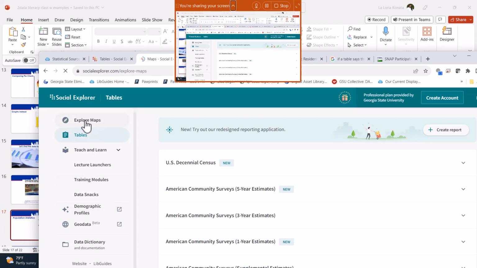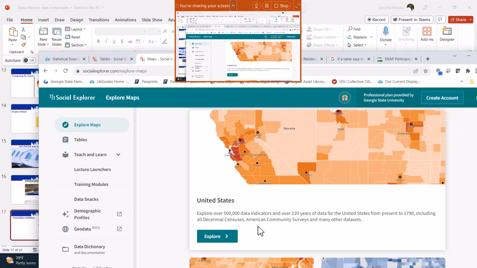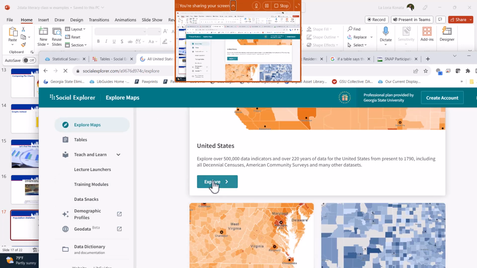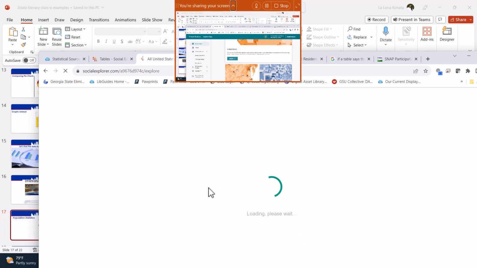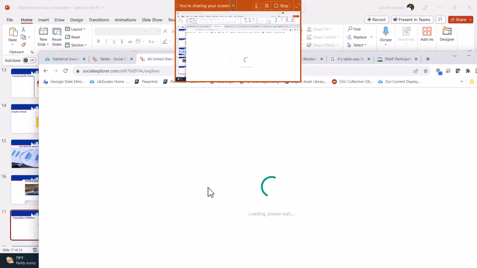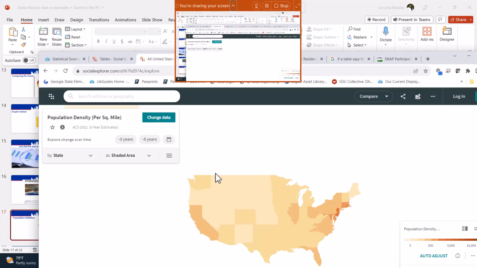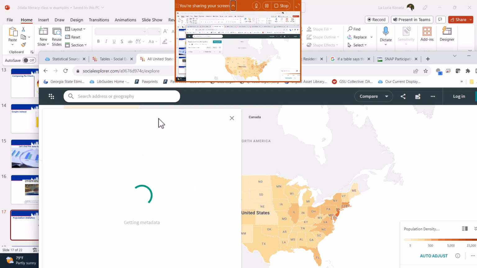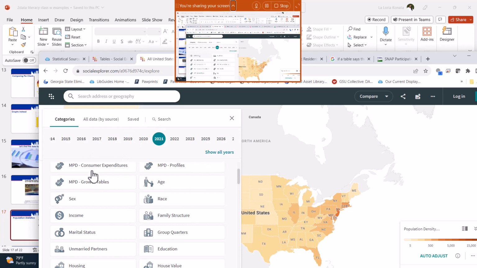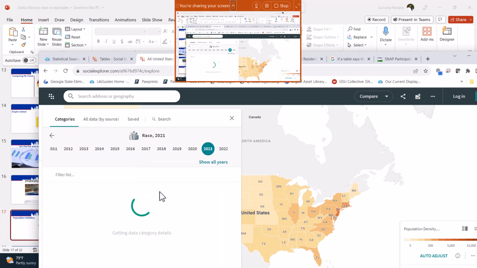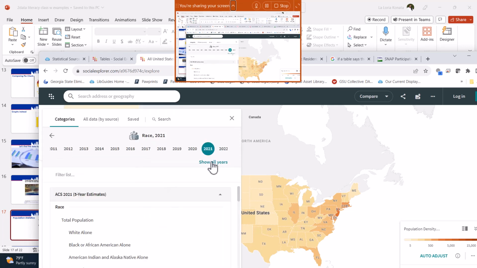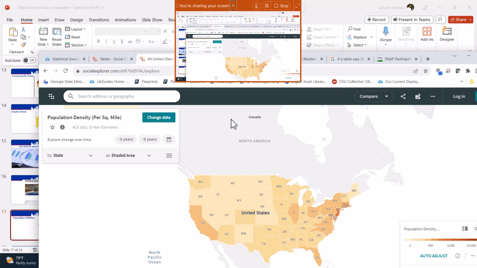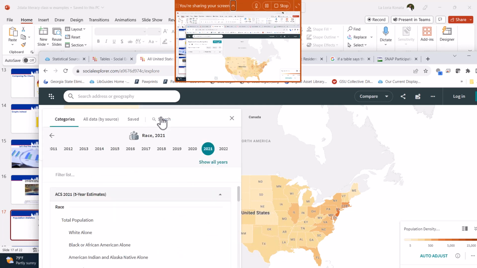Well, explore maps. Okay, we'll go to that quickly. If you did explore maps, I'm going to change the data here. Let's just do race. So all my data, oh, it didn't change it.